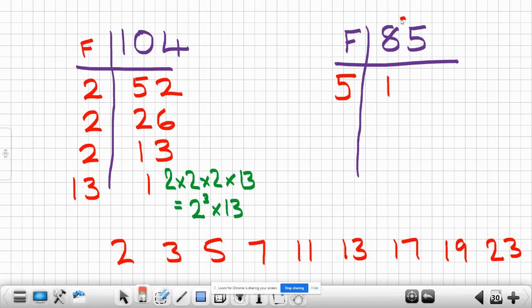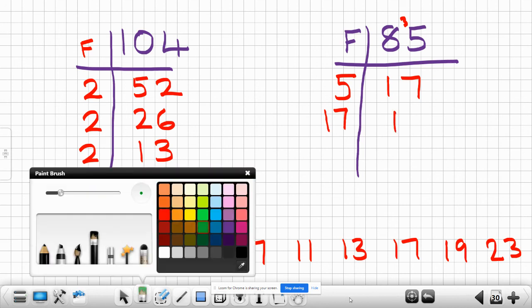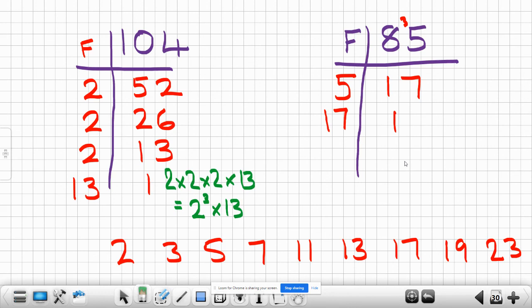We'd have 3 left over. 5s into 35 goes 7. Now, looking at our numbers, 17 is a prime number, so we can take out 17. We divide 17 by 17, we're left with 1. So let's write that up. So 85 as a product of its primes is 5 times 17.